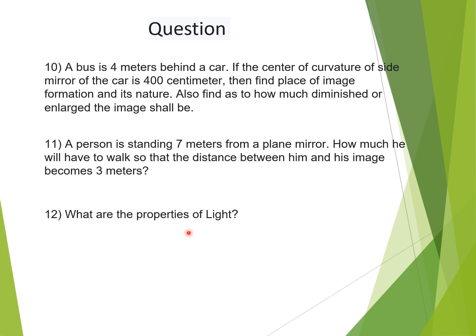Another property is that if the light falls on an opaque surface, then the image shall be formed on the backside, because light travels in a straight line. And the last was that we don't need any medium for light to travel. Light doesn't need any medium to travel, right?